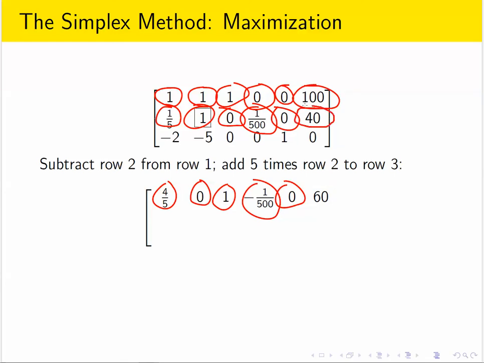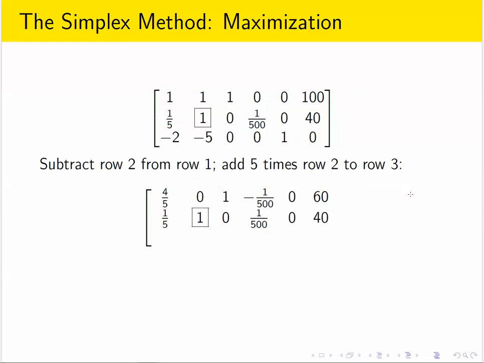And 100 minus 40 gives me 60. The pivot row itself doesn't change, so we just recopy it. And then for the final row, we have to remember that as we're adding, we're multiplying the pivot row by 5. So 5 times 1/5 is 1. Add that to negative 2.